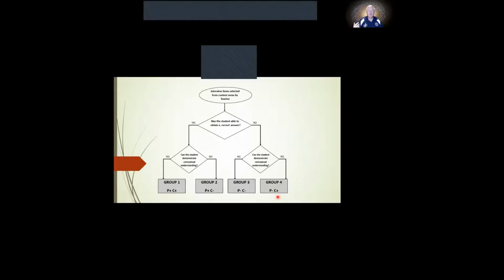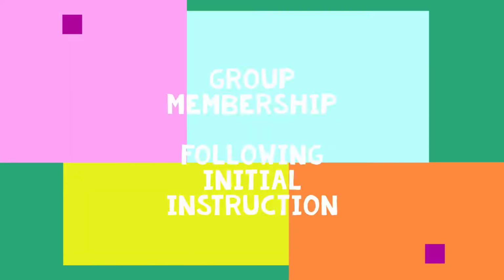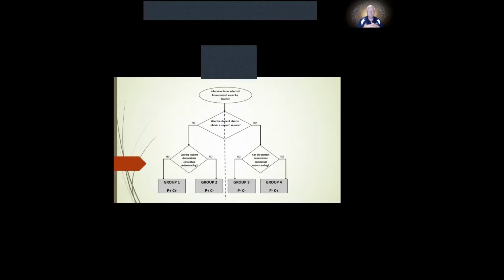So you'll see to what degree students will typically fall into one of these 4 groups in an initial evaluation. I put a dashed line through the center of this just to reiterate in our minds that over here, you'll notice that we have process in both cases. Over here, we are lacking process in both cases. So that reflects this yes-no dichotomy up here.